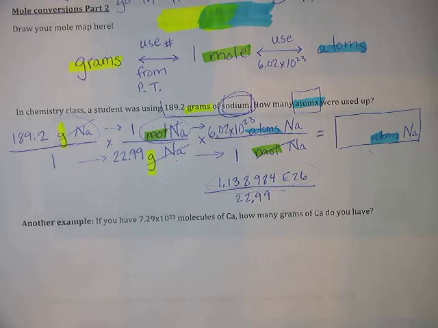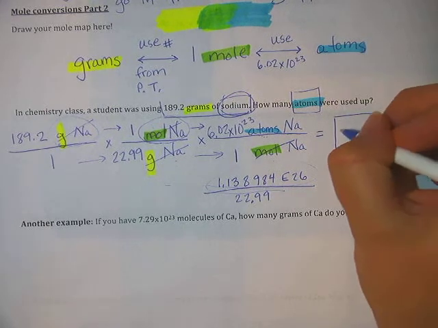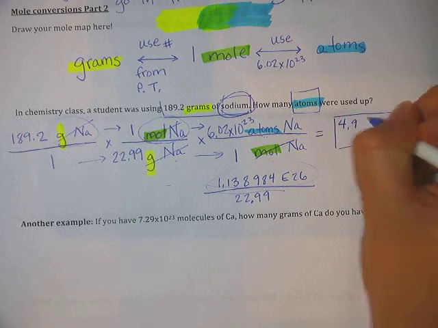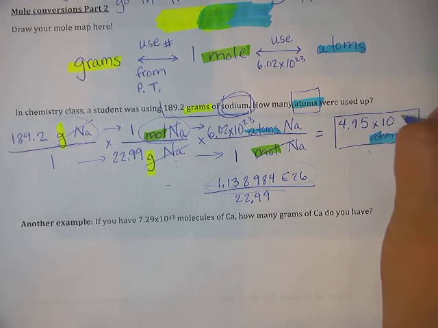Divide those out in your calculator. And when you do, you get 4.95. Remember, we round to the hundredths place. And it says E24, which means times 10 to the 24th.